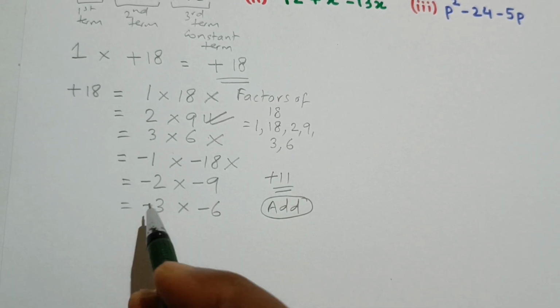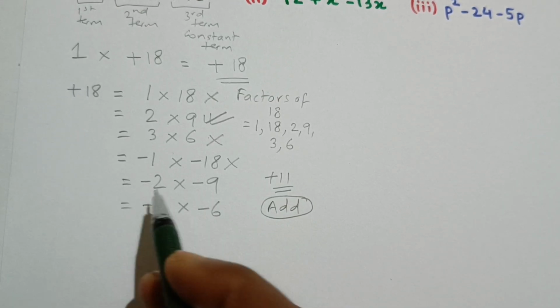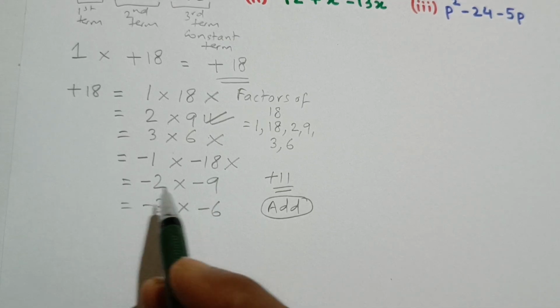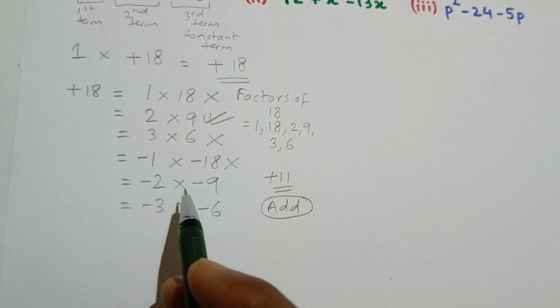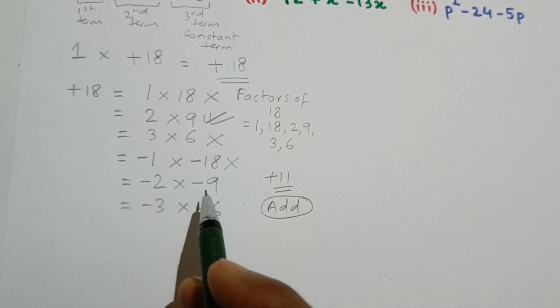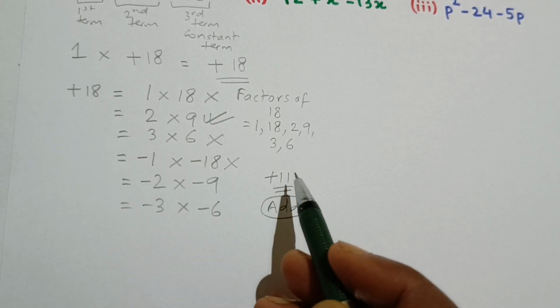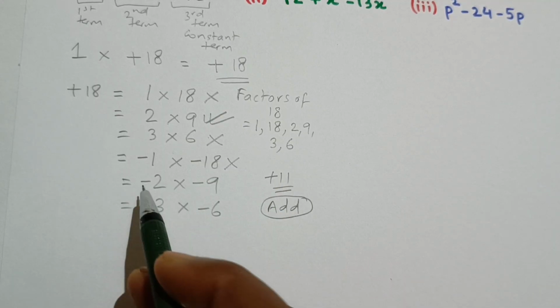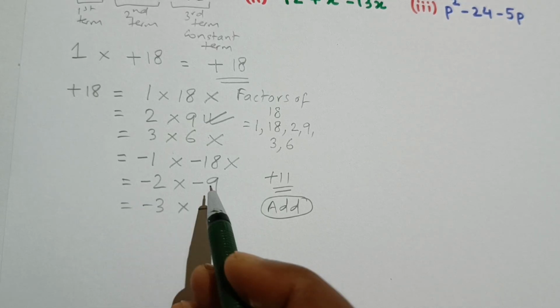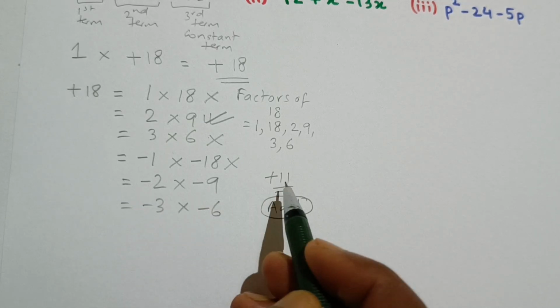Then this one, minus 2 minus 9. This pair. So if you add them, so minus 2 plus minus 9, which is minus 2 minus 9. Minus 2 minus 9 is minus 11. I want plus 11. But this pair, if I add them, it is giving me minus 11. I want plus 11.